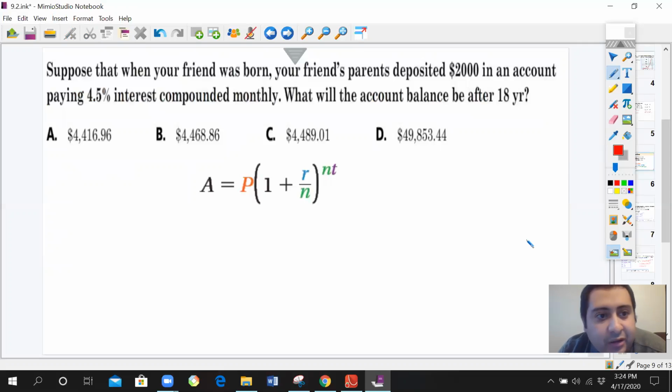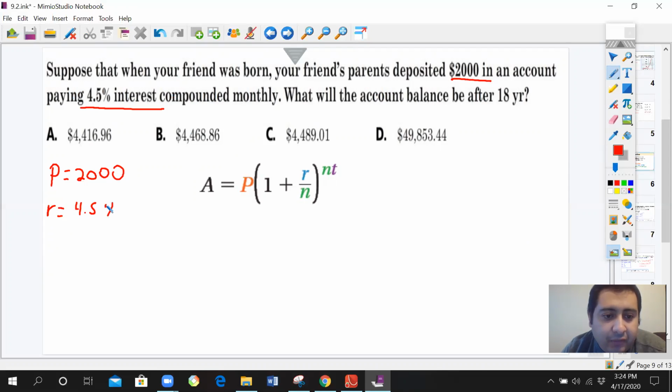Let's go ahead and practice one more time. Suppose that when your friend was born, your friend's parents deposit 2,000. So again, principal is 2,000. In an account that is paying 4.5% interest, so your rate is 4.5%. If we convert this to a decimal, we get 0.045. But in this case, it's compounded monthly.